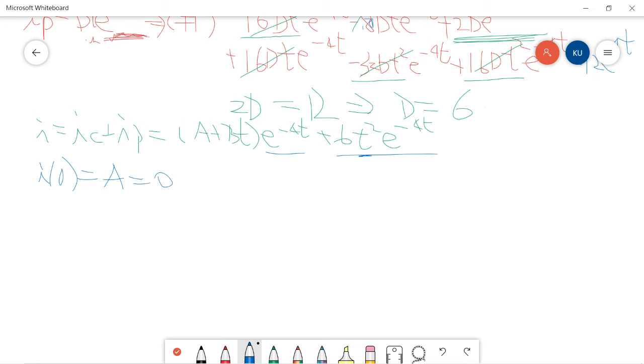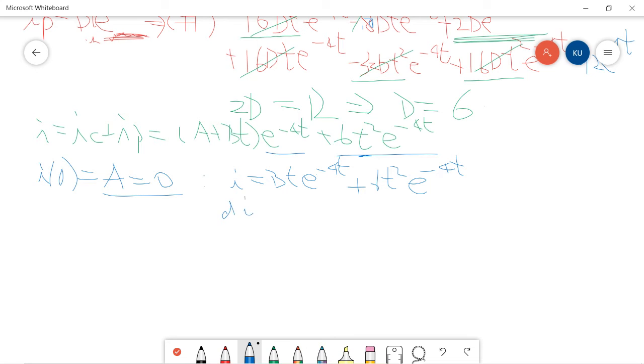So we have A equals to 0. Then I is actually Bt exponential to minus 4t plus 6t squared exponential to minus 4t.